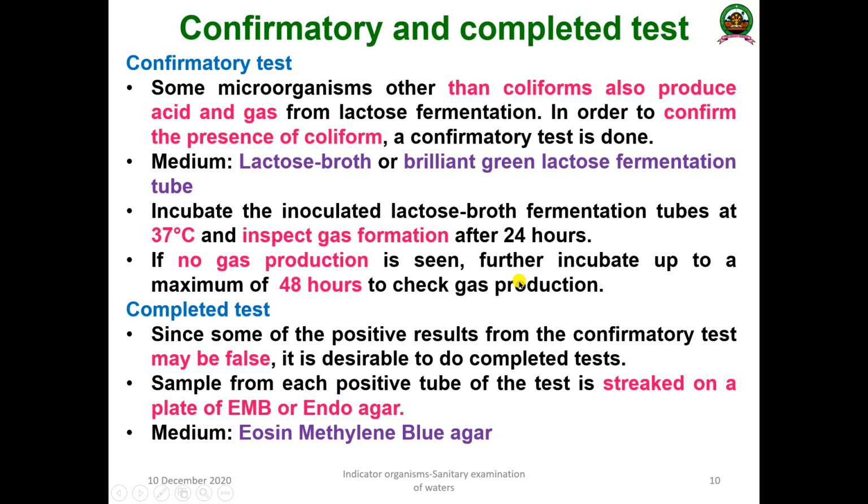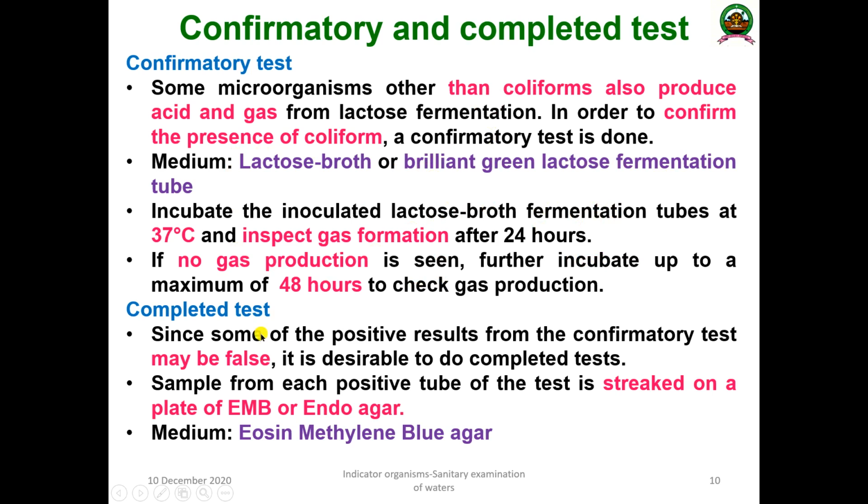Sometimes in the first 24 hours you will not get gas or acid, then you incubate for 24 more hours, 48 hours in total. Sometimes in the first 24 hours you will not see any result, but when you incubate one more day, you will see the acid and gas. That is known as the confirmed test. If that is there, it is coliform only, because only coliforms will be able to grow in this particular medium.